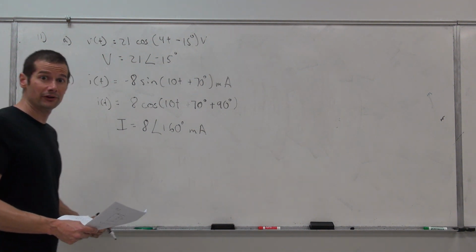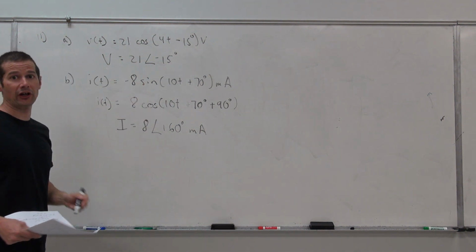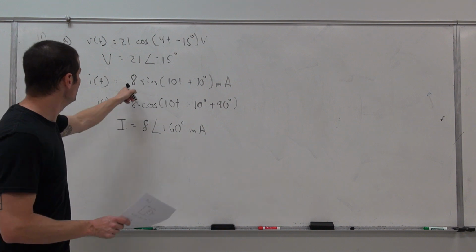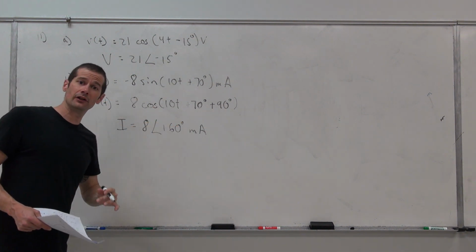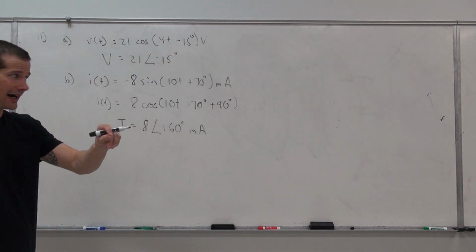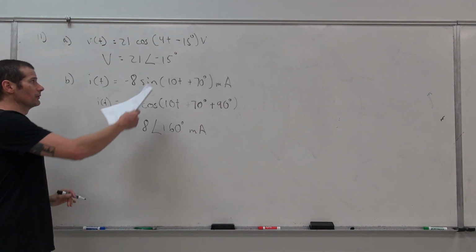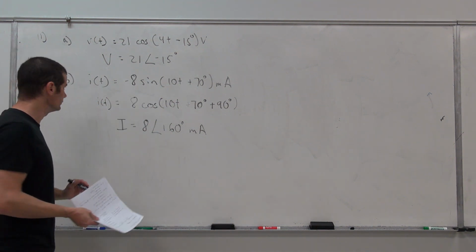So let's take a look at what we do when we just have a positive sine converting into a cosine. Like I said, with a negative sine, we added 90 degrees. Now we're actually going to subtract 90 degrees when we go from a positive sine to a positive cosine.